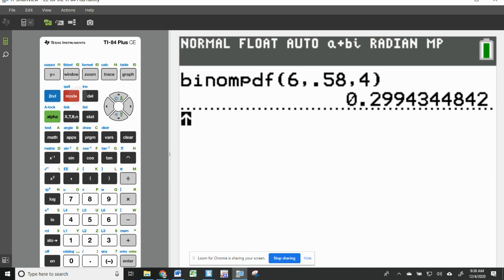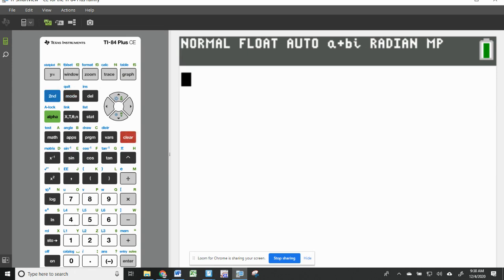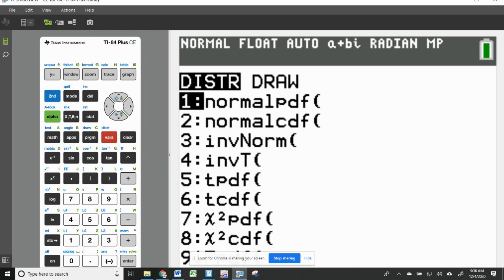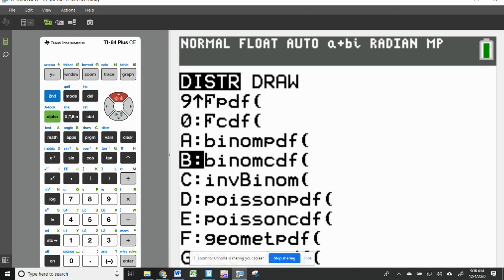If you have your calculator, this is not under stat, this is under distribution. Now, there's a whole bunch of stuff, a lot of which we never used this year. Instead of going down, which takes a lot longer, it's quicker to go up. It's binomial PDF.